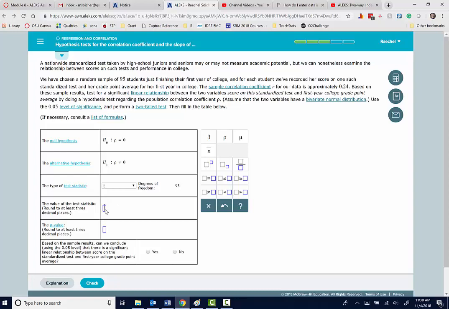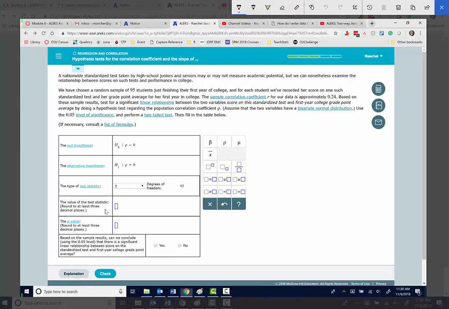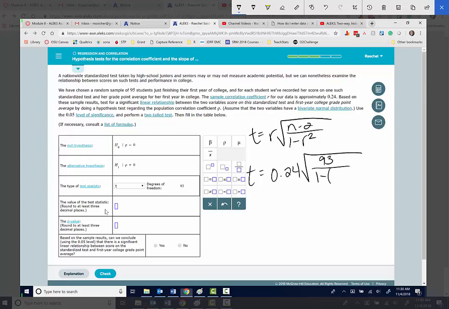Let's calculate the value of the test statistic. I'll go through it with you step by step. It's a little bit tedious here, but we have all the information we need to do it. So 0.24 times the square root of 93, right, 95 minus 2, over 1 minus 0.24 squared.